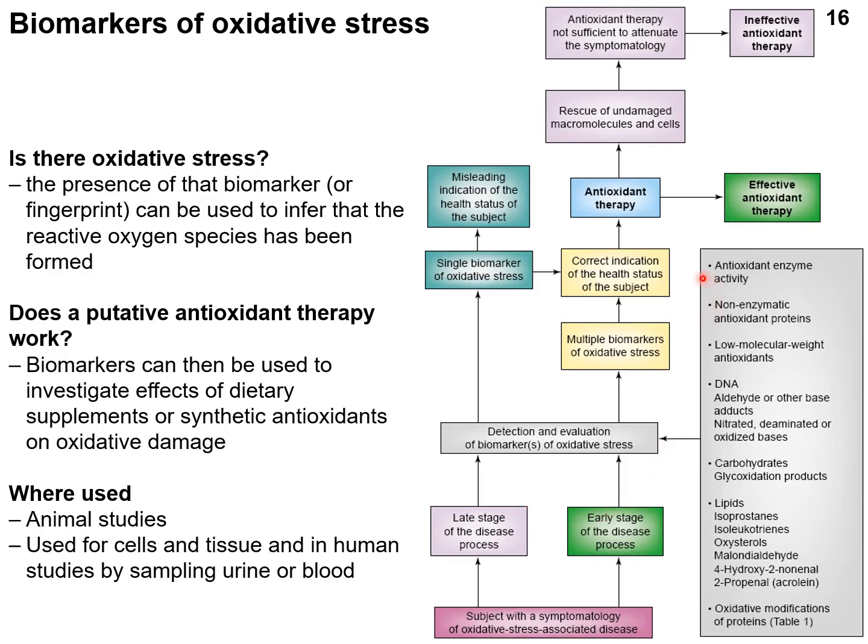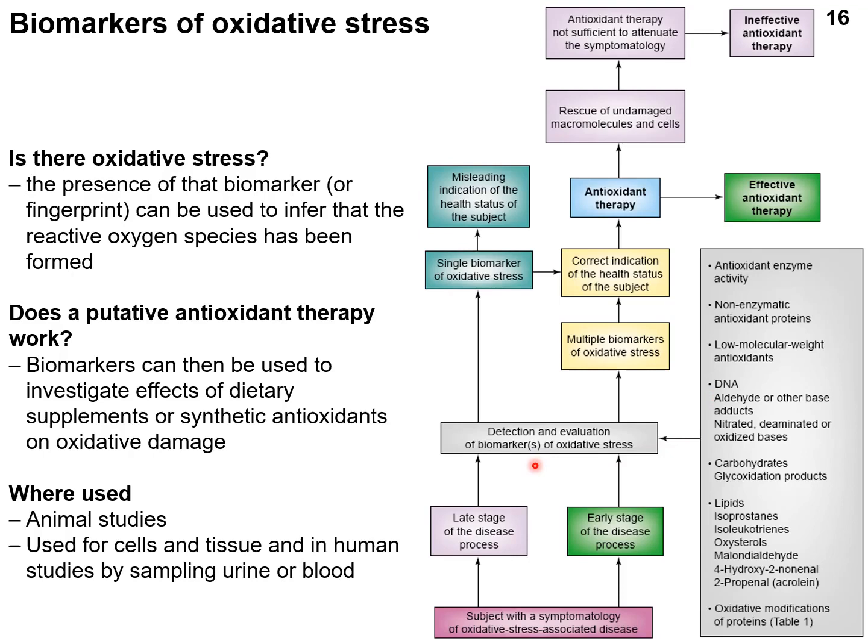On the right-hand side here, we've got a variety of different types of biomarkers that are potentially useful. So, for example, I've discussed some of these: isoprostanes, you'll see here, malonaldehyde, hydroxynonenal, and a variety of other compounds as well.